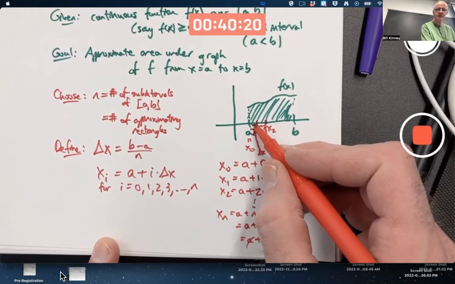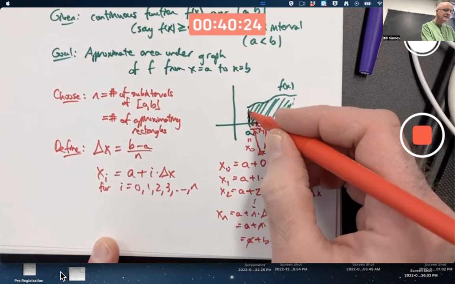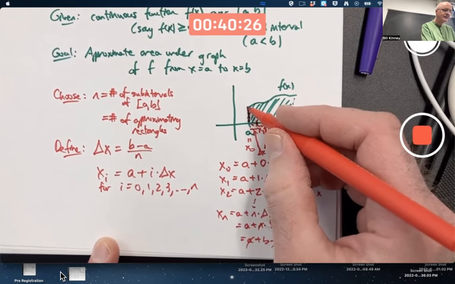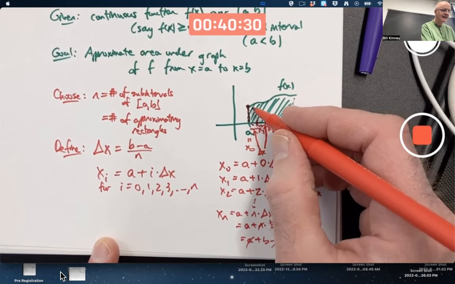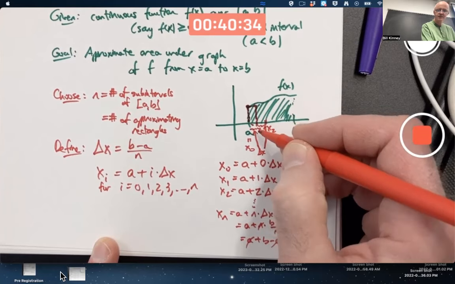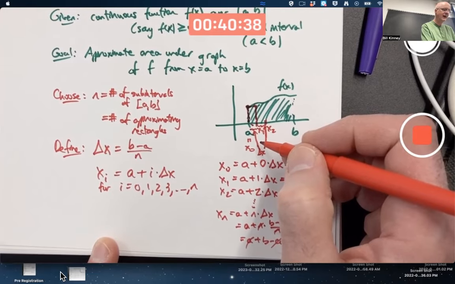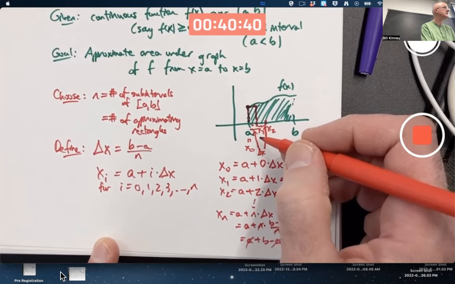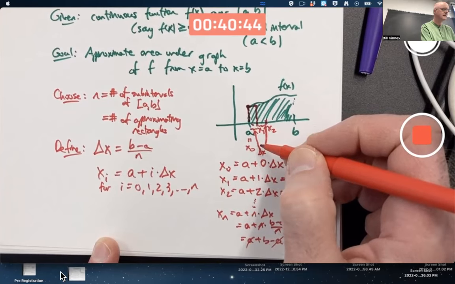Its left endpoint is a, which is x0. If I use that value to go up to the function and use the second coordinate of that point as the height of an approximating rectangle over the first interval, that would be my first rectangle, whose area I can easily find as an approximation to the area under the graph over the first subinterval.